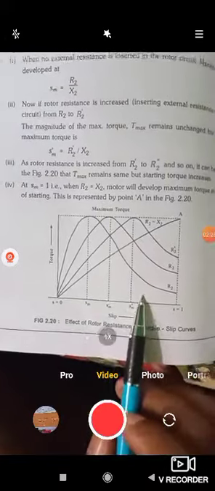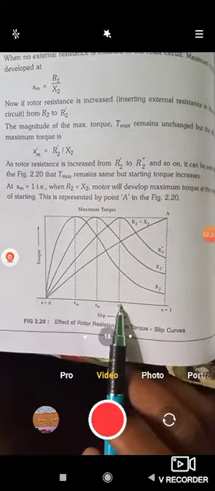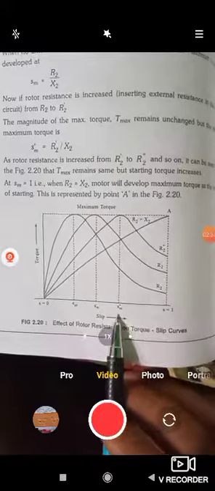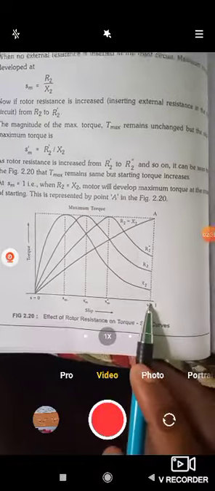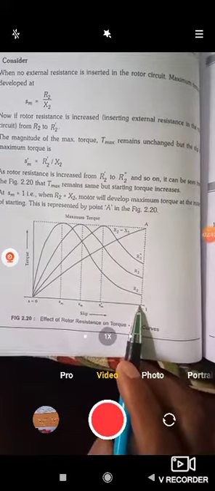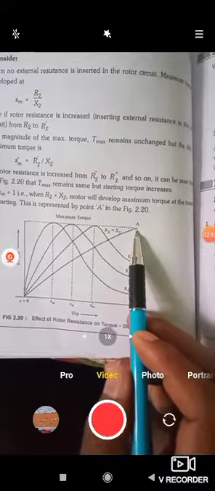Similarly, if you increase R2 dash to R2 double dash, then the slip will again increase. Finally, if you make R2 equal to X2, then maximum torque will occur at starting itself.